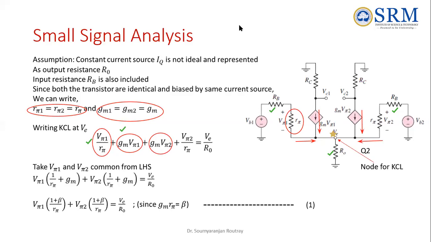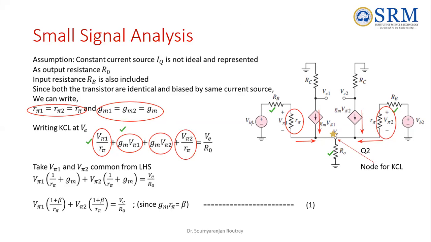And the last one is V pi 2 by R pi, voltage by resistance.